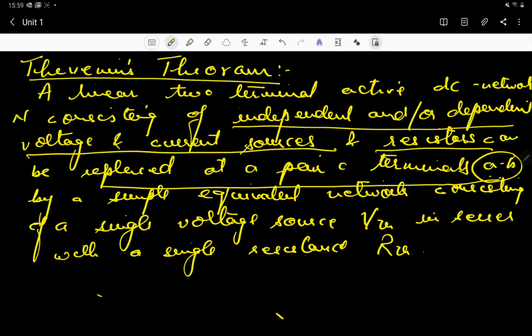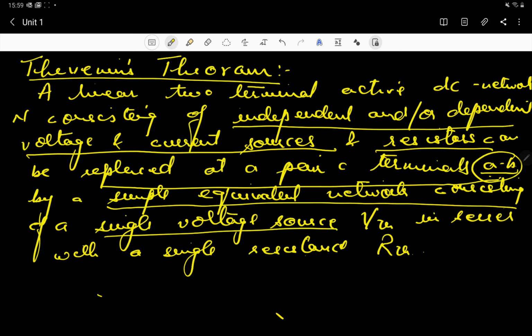The terminal across which you want to find out the voltage or the current in that particular circuit. We consider that terminal as AB. It is replaced at a pair of terminals AB by a simple equivalent network consisting of a single voltage source VTH. VTH is what? Thevenin's voltage, in series with a single resistance RTH.